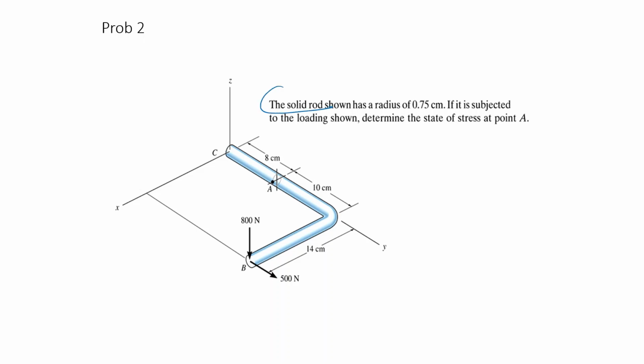Next problem, a solid rod. Well, external forces are applied. So the critical section is here. Well, point A is the point where we have to calculate the state of stress.